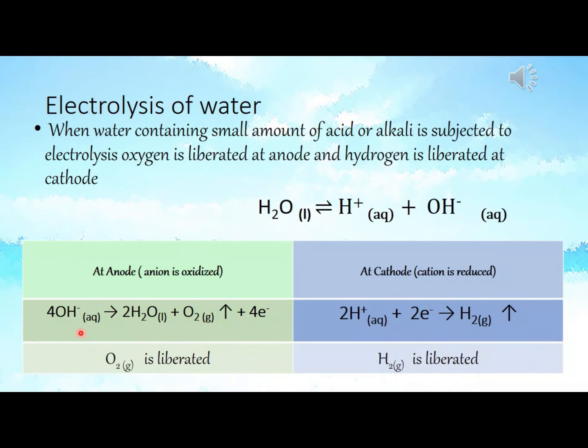Since at each electrode there is only one anion and cation, this is not very complicated. If on the other hand there are several anions and cations, then the product of electrolysis will be different. That we will be discussing in our next slides.